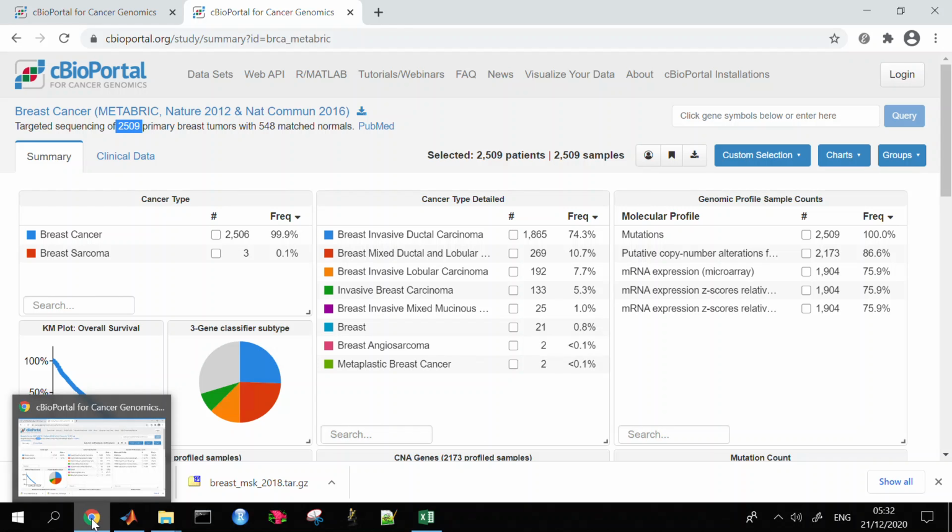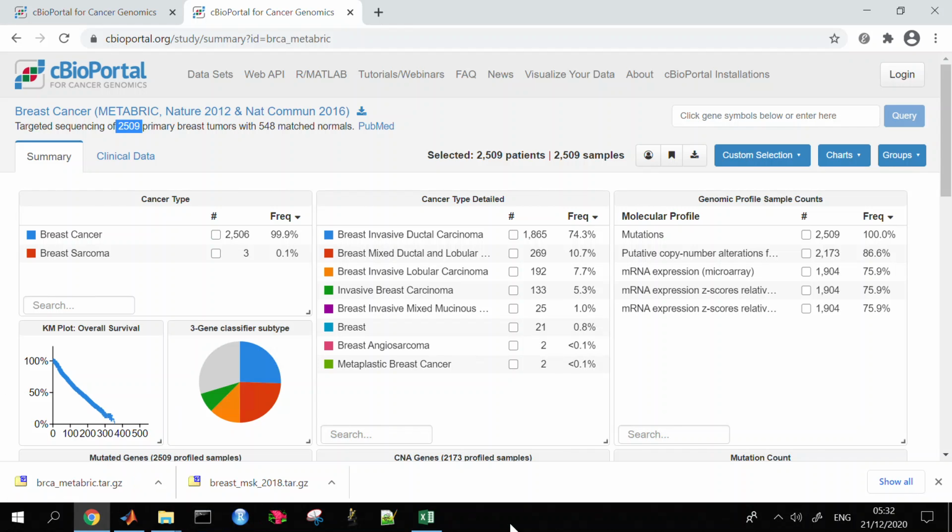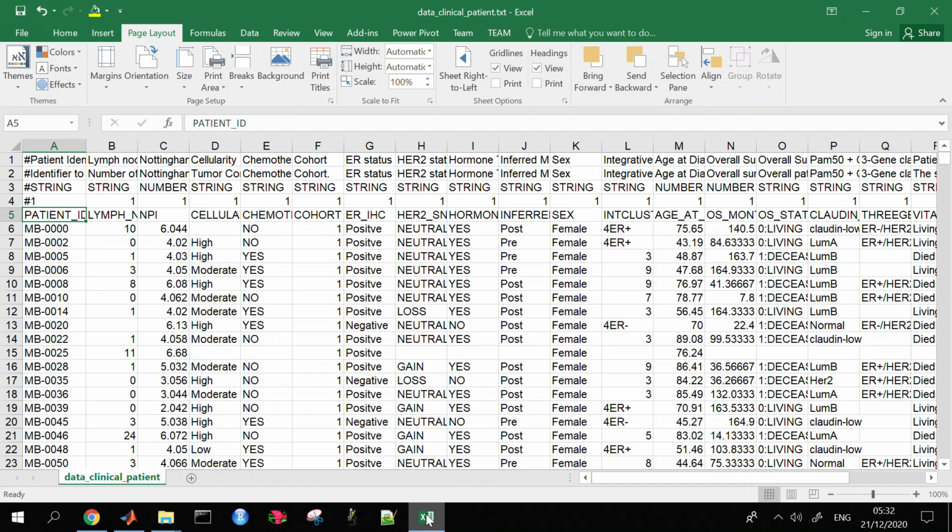And I think in the breast cancer case, it's about 1,900 patients. So yeah, be aware of that. And try to find as many patients as possible.